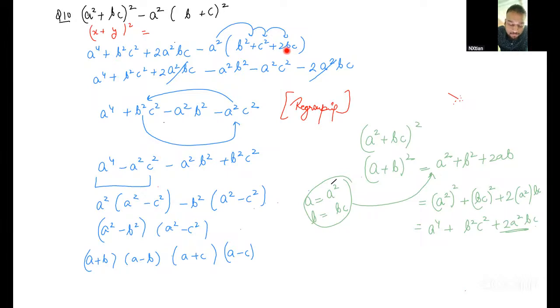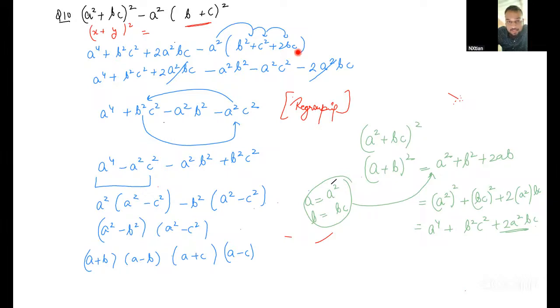Okay, so what is b plus c whole square? Now what is the identity of that? Same, in the form of a plus b, right? This b plus c whole square is also in the form of a plus b, where a is equal to b and b is equal to c. So it becomes b square plus c square plus 2bc.